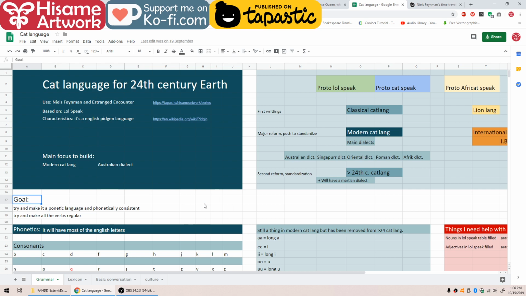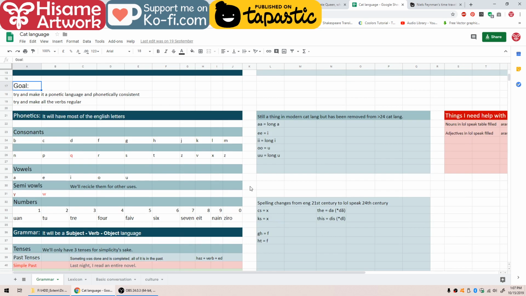So yeah, first of all, I cut some sounds out because I thought it would be simpler that way. Usually when making a conlang, the recommendation is to cut stuff out, not put in and complicate your life further. So this is still a work in progress, and I am going to change this later on.